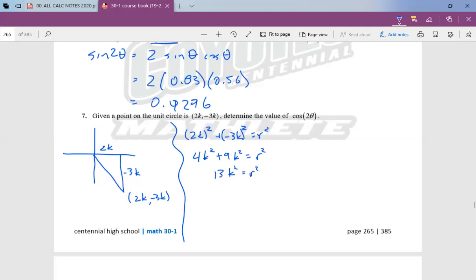But what do we know about r? The fact that it's on a unit circle. R equals 1. So therefore, 13k squared is equal to 1. K squared is equal to 1/13. K is equal to plus or minus the square root of 1/13.